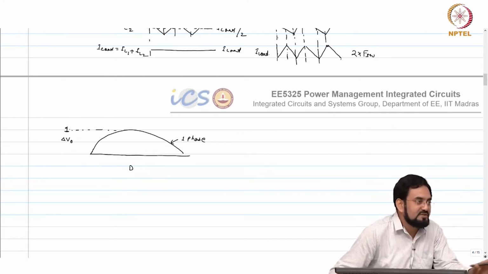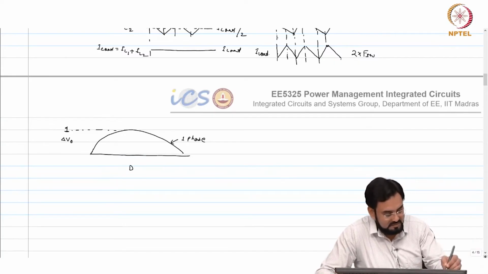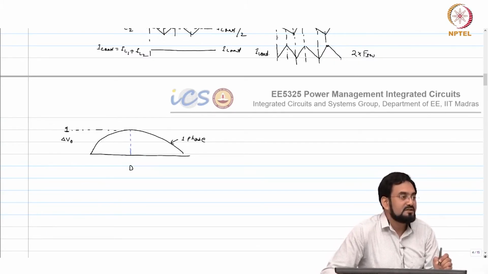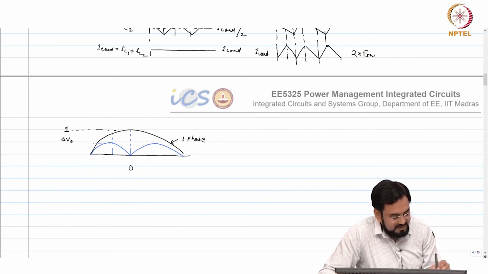If it's 10 millivolt, you can say divide by 10 millivolt. Then 2 phase, we know at 50% what was the 0, and it will peak at, and this guy will be half.